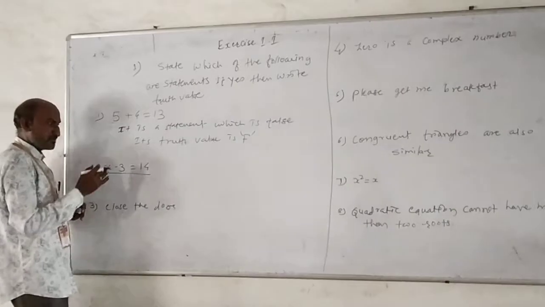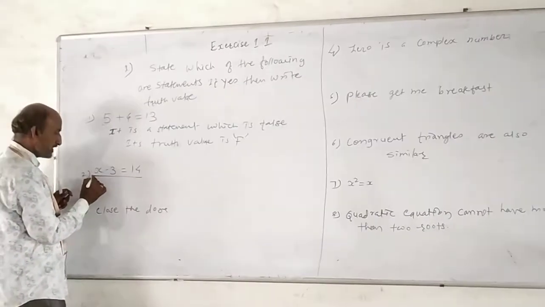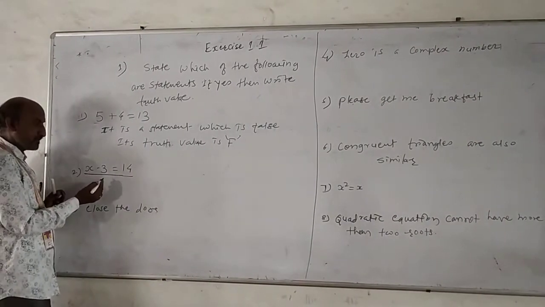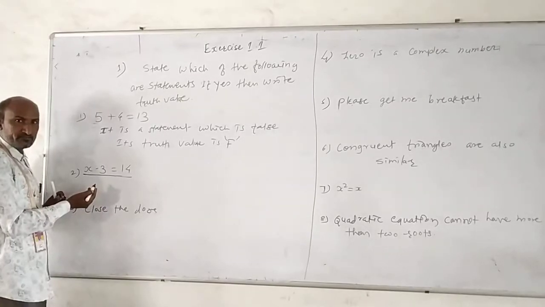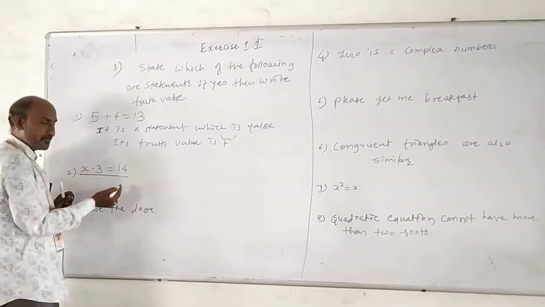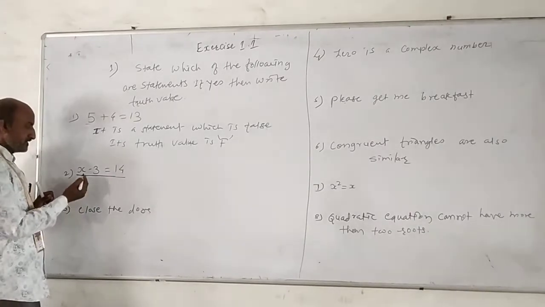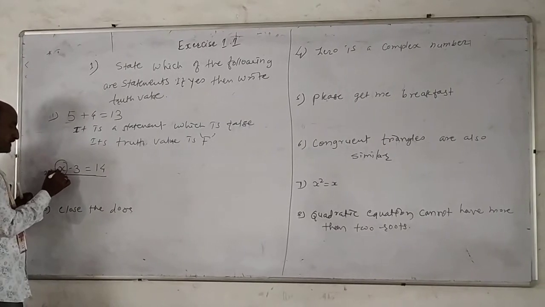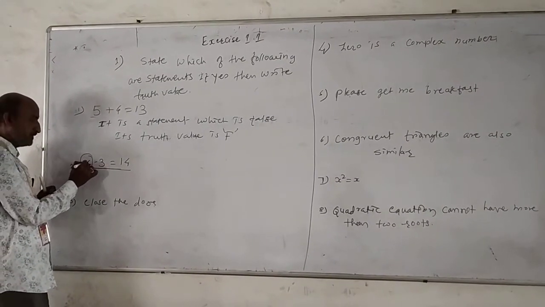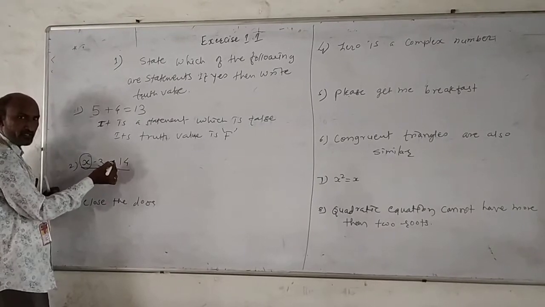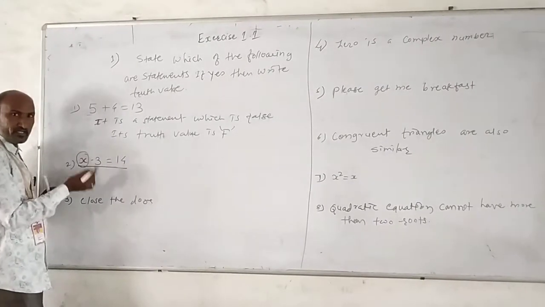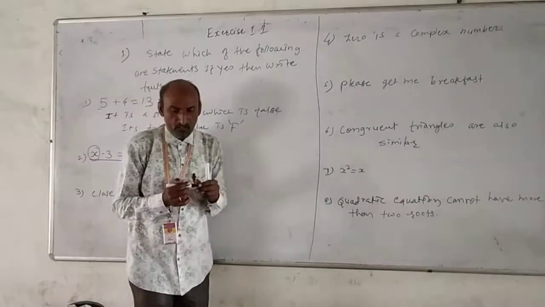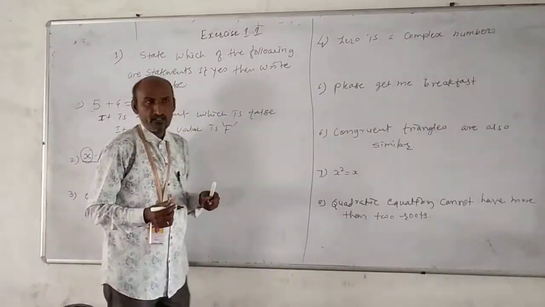There are four types of sentences, and this example belongs to one of them. x minus 3 equal to 14 means you can put a particular value of x and then get the answer 14. So it is not a statement, it is an open sentence.